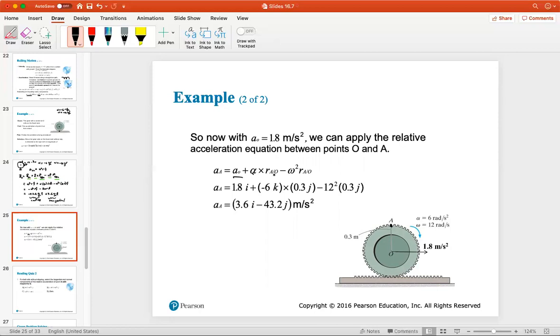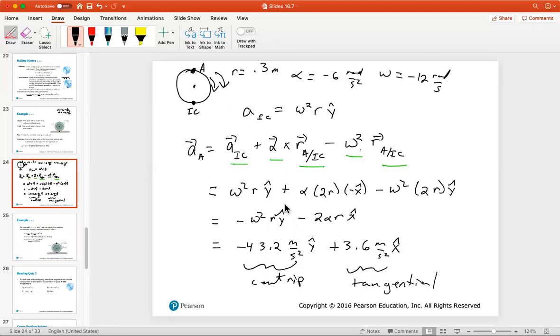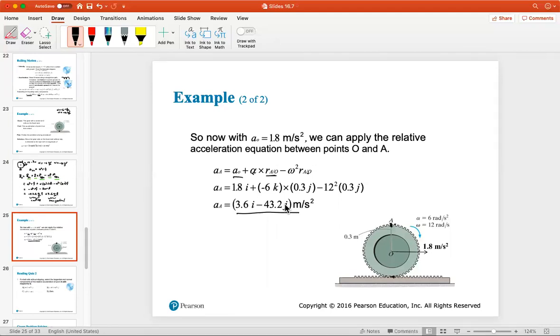Alpha is the same, but they have a different radius. Their radial vector goes from O to A, whereas mine went from the contact point up to A. And omega is the same as what I used, but again, they have a different vector. But in the end, we get the same answer. So I guess it's just reassuring that you can do the analysis in different ways, and you get to the same spot.